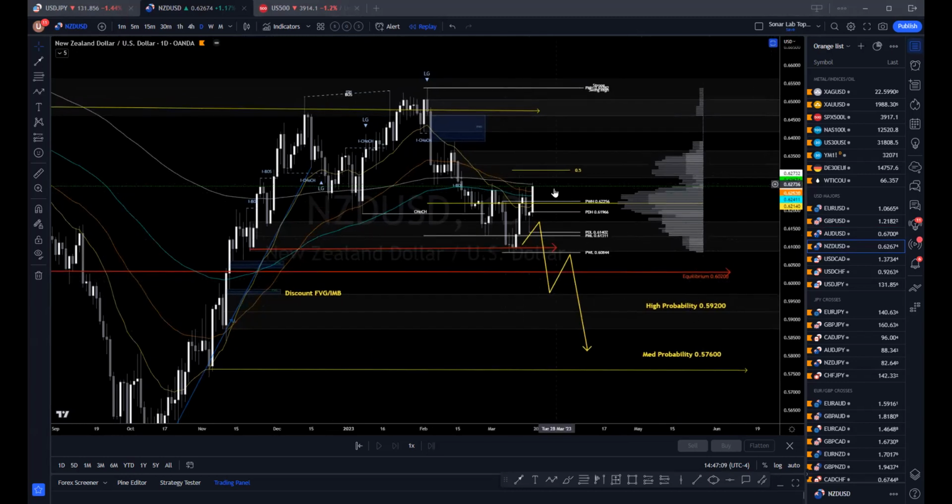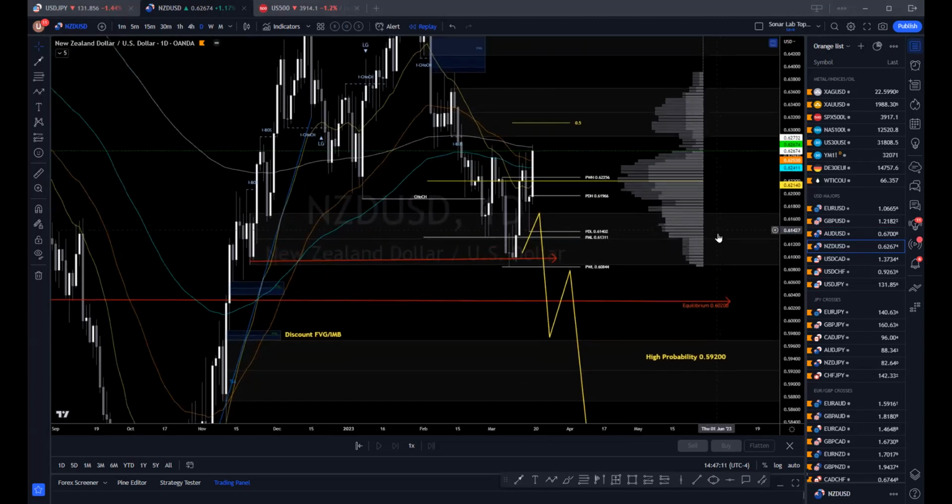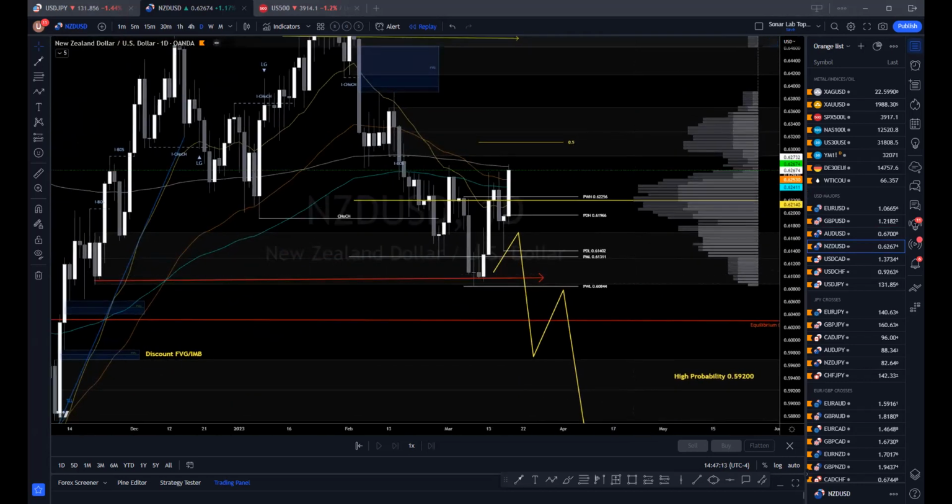NZD dollar came up and look what it did on a daily chart. Look what price is at and why did it stop there? That's NZD dollar, right?